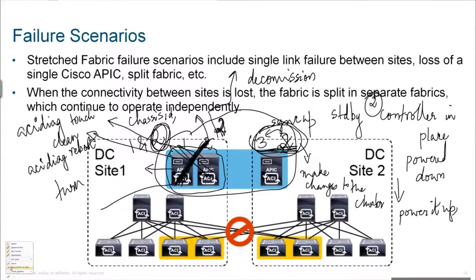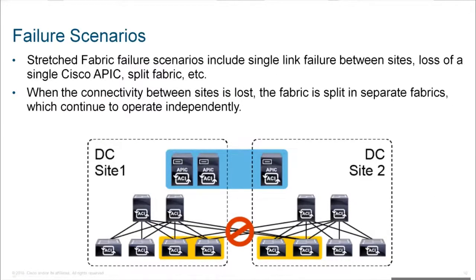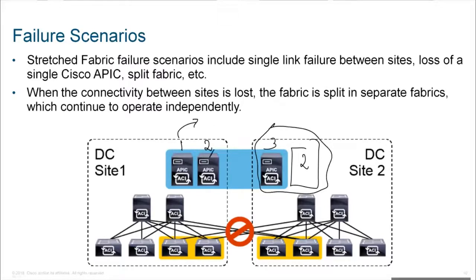There's an option to decommission the 2 at this site. This is 2 and this is 3 and this is 1. This can join happily. Clean it up, reboot it, it will sync with the existing 2 and 3 here. But this cannot join unless I decommission this. And then this one can join.